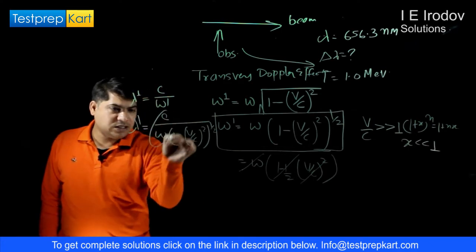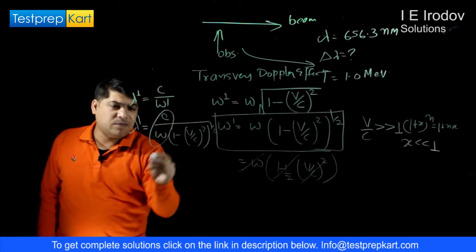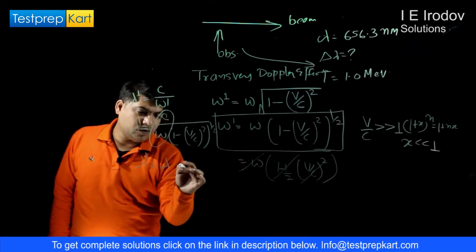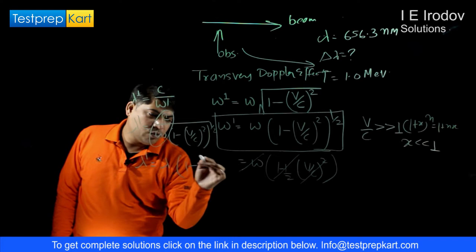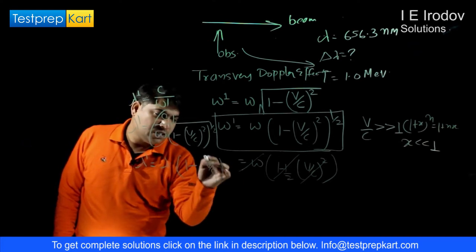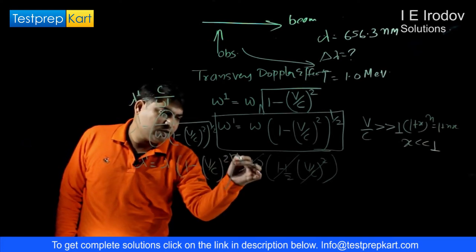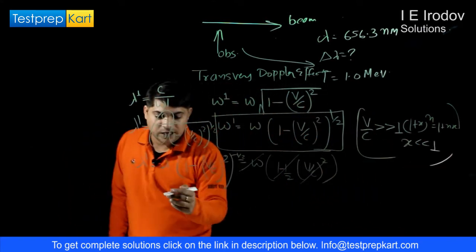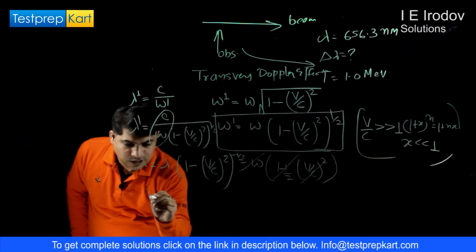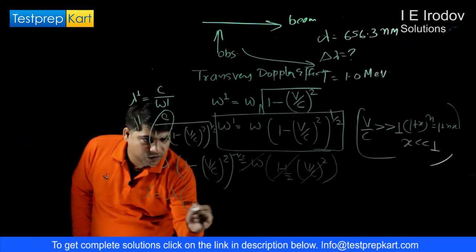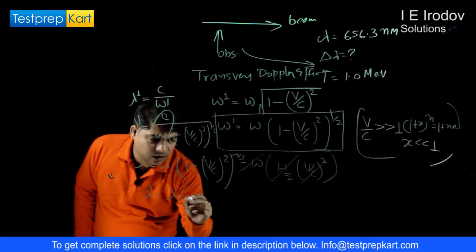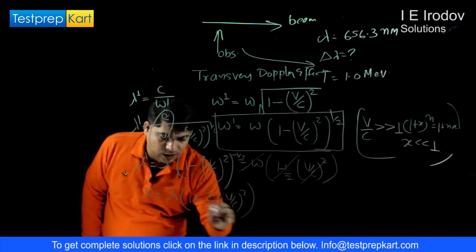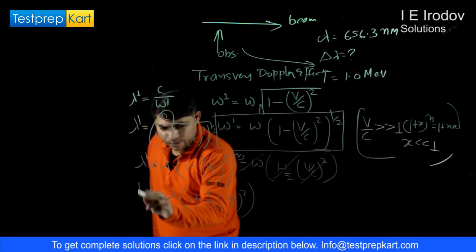And this C upon omega is lambda of the beam. So this is lambda, what we wanted to observe, into (1 minus (V upon C) whole square) to the power minus 1 by 2. Now we apply this mathematical concept, so this is 1 plus 1 by 2 (V by C) whole square.